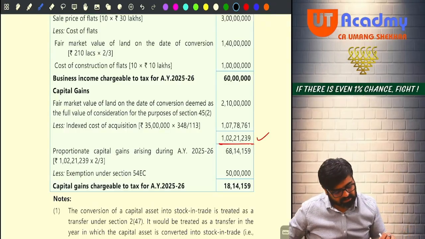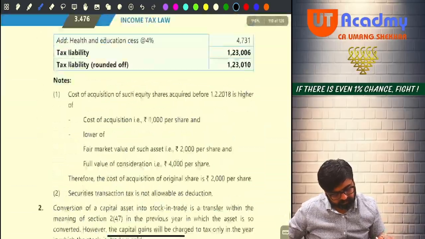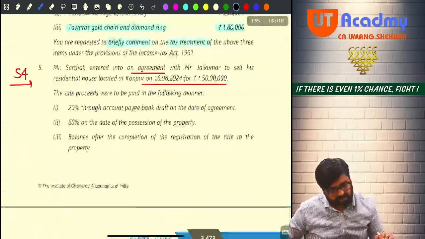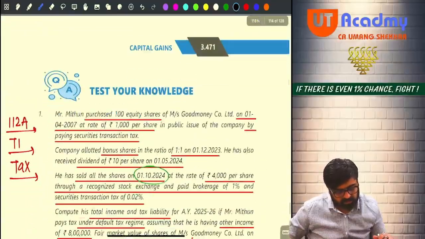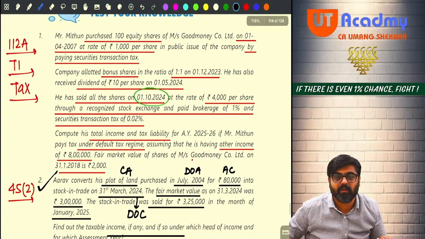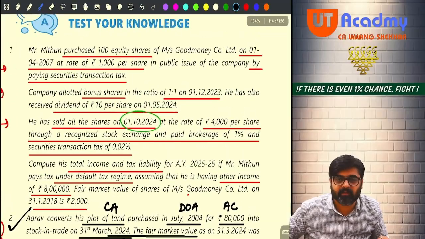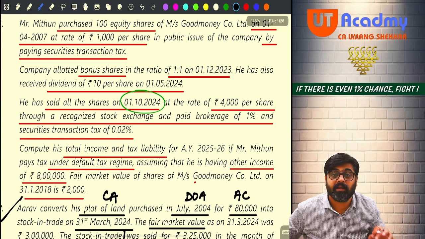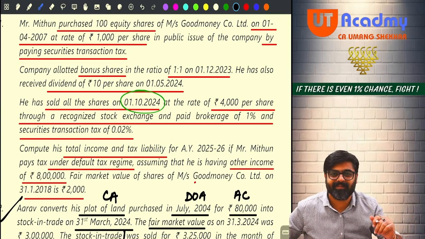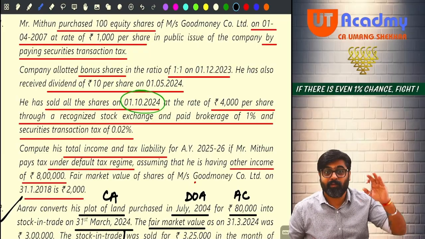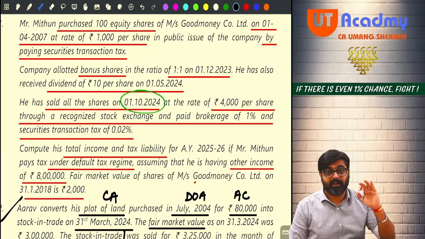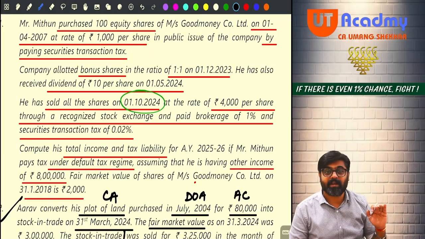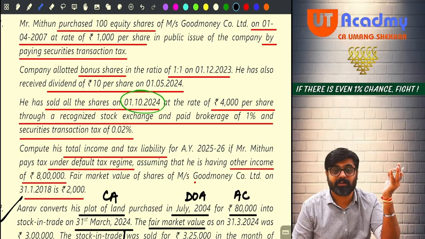Come to your ICAI study mat. Question number 1 is pending, no? From test your knowledge, only one question is pending. Yesterday, do you remember that we have learned how to calculate the capital gain under section 112A, long term gain? Section 55(2)(AC): actual cost or fair market value as on 31st January 2018, whichever is higher, can be taken as cost.